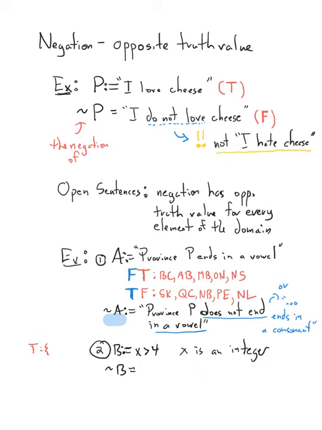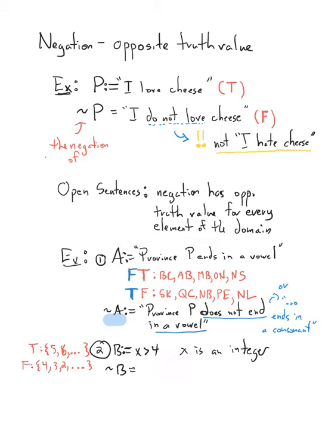But any integer bigger than that, so 5, 6, 7, 8, whatever, all the way to infinity, it's true for those values, and it's false for everything 4 and below. Since 4 is not greater than 4, that statement is false when you plug in 4. So 4, 3, 2, 1, 0, -1, -2, all the way to negative infinity.